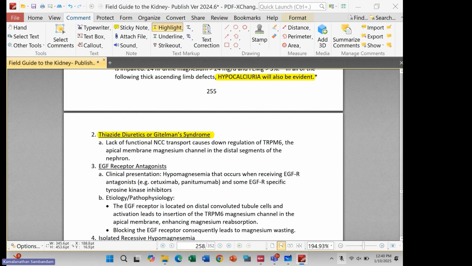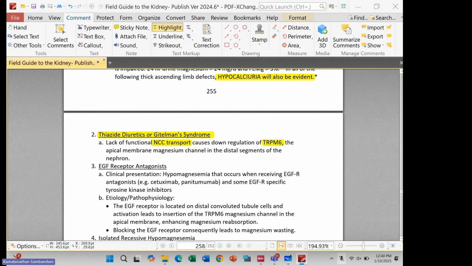Okay, Gitelman's and thiazides, I've spoken at length about this. All of the physiology is not perfectly well spelled out. Why does NCC dysfunction result in magnesium wasting?